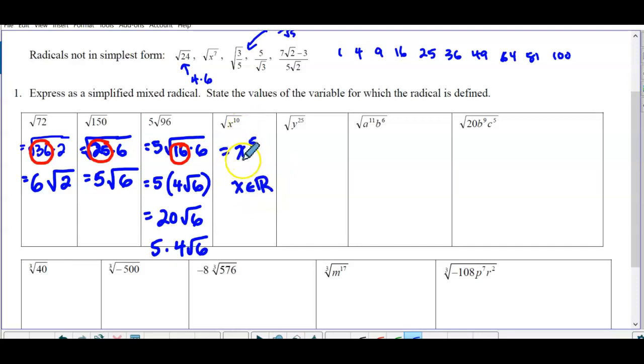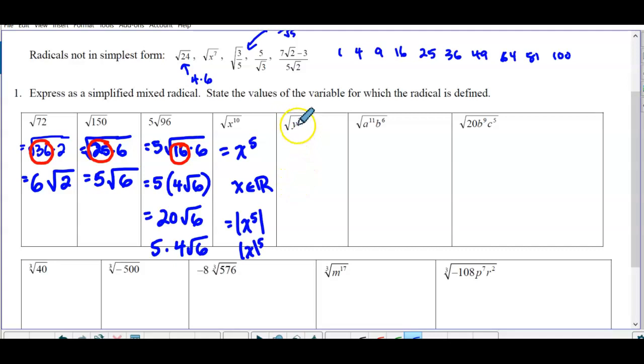Just be aware here, though, that this is always going to be a positive value once we've taken the positive root. So sometimes you'll see this shown as x to the fifth in absolute values. Just be a little bit aware of that. But this is what it asks you, just to state what x is defined for.